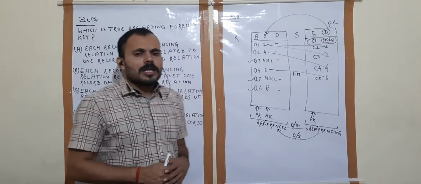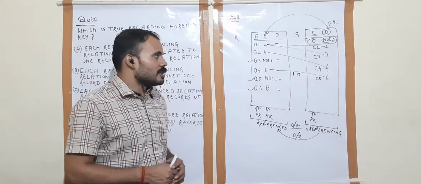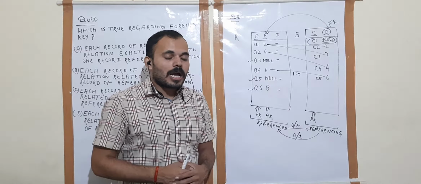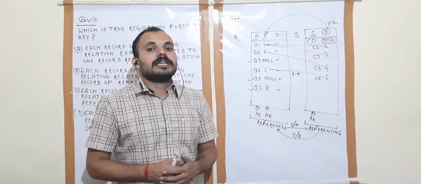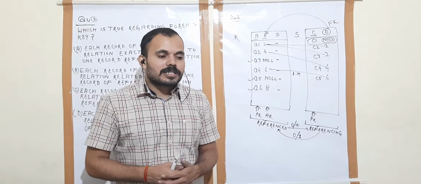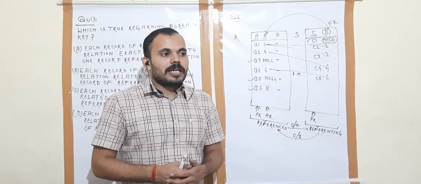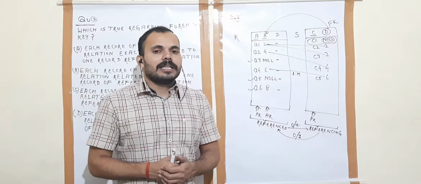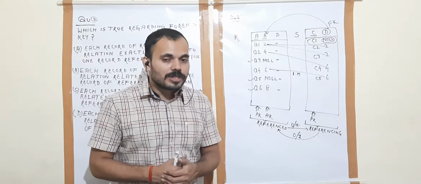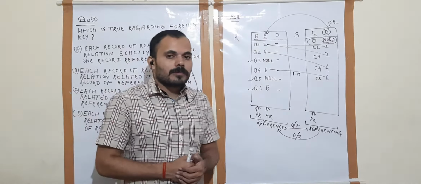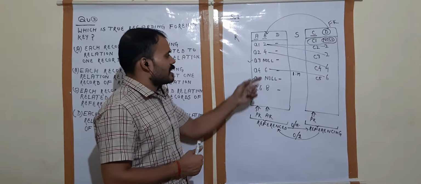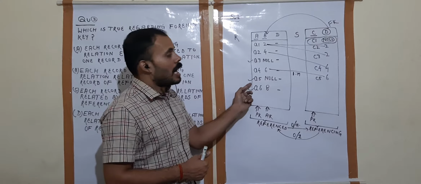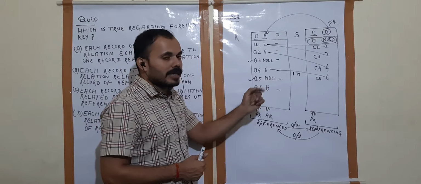We don't need to map these types of records which contain the foreign key value null. Understand? Now some students may think about the alternative key value. We also know that an alternative key is a candidate key, and in the candidate key we can differentiate two records uniquely. But some students may think that in this third record and this fourth record, the B value is null and null.